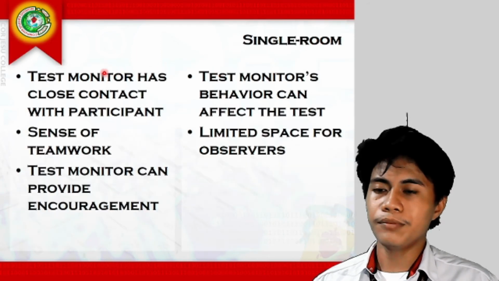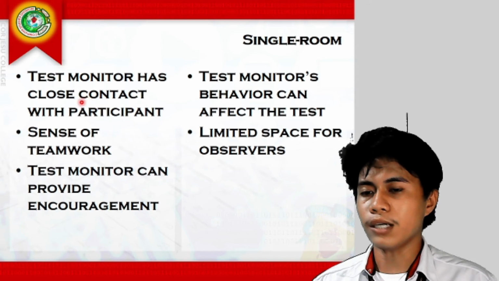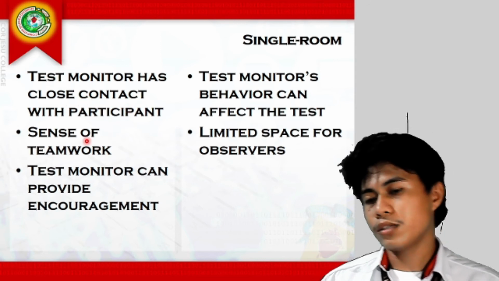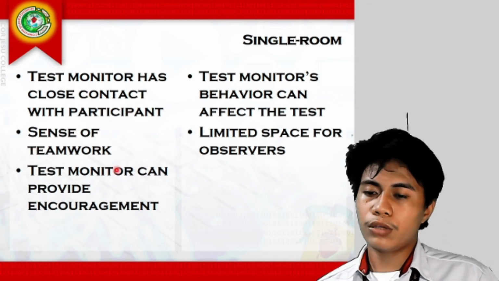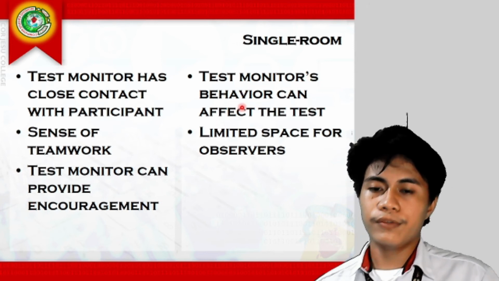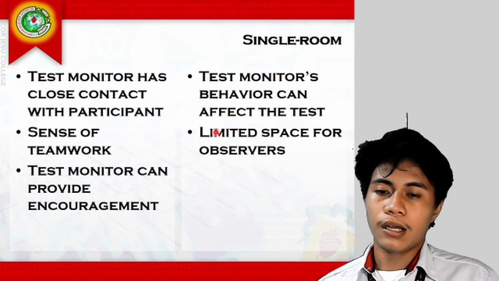The test monitor has close contact with the participant, a sense of teamwork, and can provide encouragement. But the test monitor's behavior can affect the test, and there is limited space for observers.